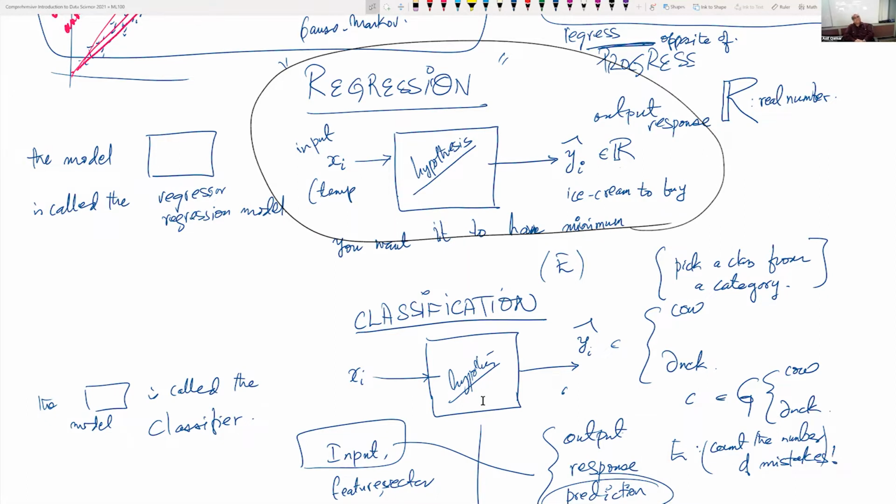So regression, the word. We went over the history of the word, of Galton observing that in successive generations of people, there is a regression towards the mean. Children of extraordinarily tall parents tend to be a little bit shorter, and the children of extraordinarily short parents tend to be a little bit taller than the parents, right?